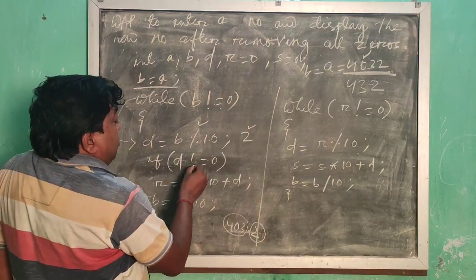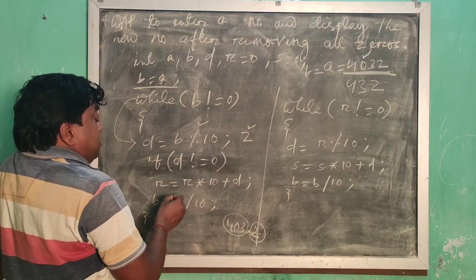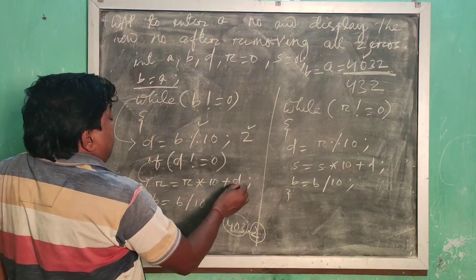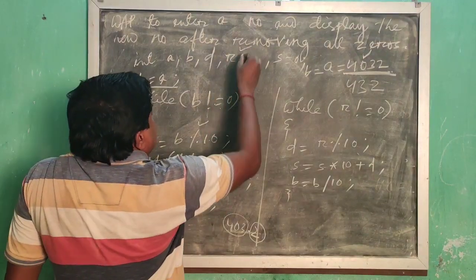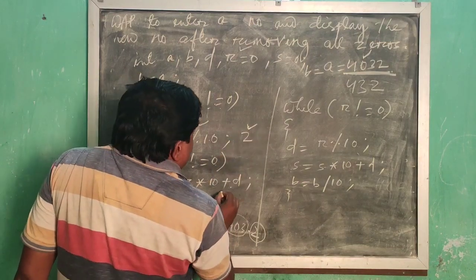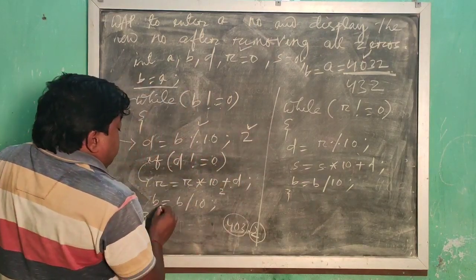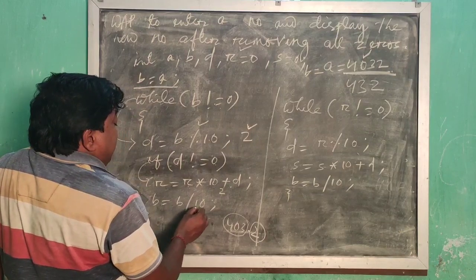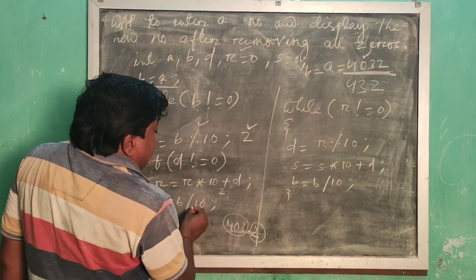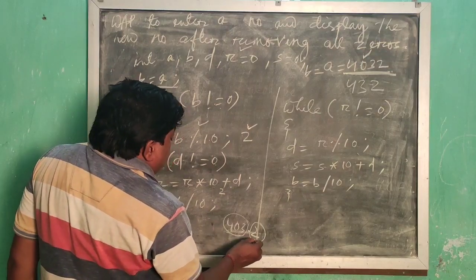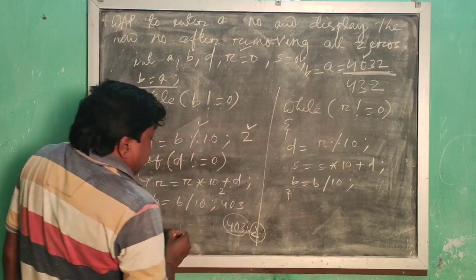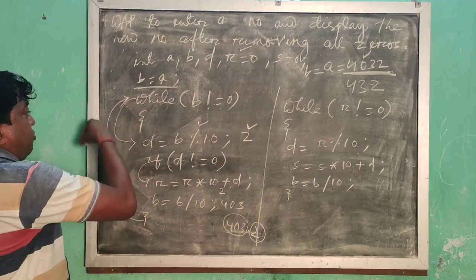Then if d is not equal to 0, is it true? Yes. Then it goes through the loop, means r equal to r into 10 plus d. R we have declared 0, then 0 into 10 is 0 plus d means 2, it will be 2. Then b equal to b divided by 10, b was 4032 divided by 10 means 403.2, then we will take here 403. Then again it comes back to the while loop.